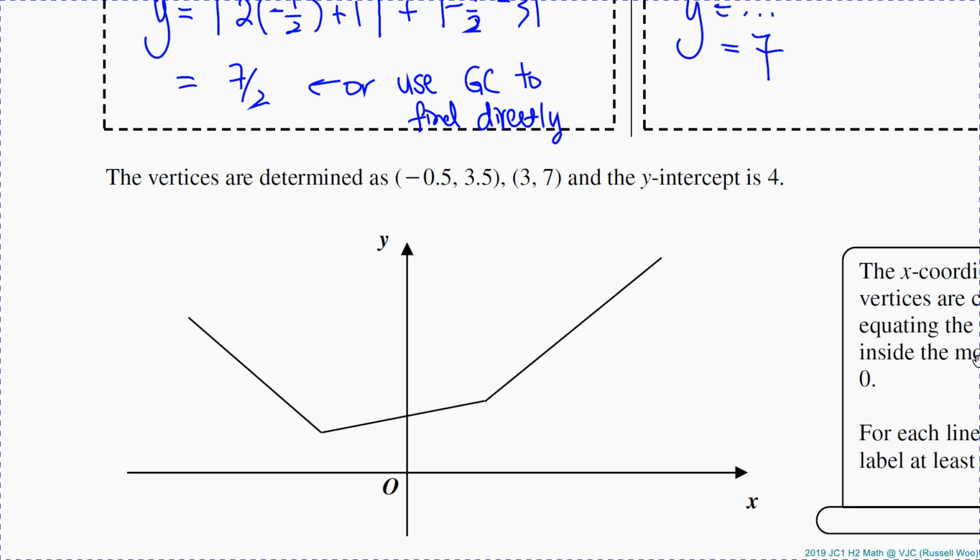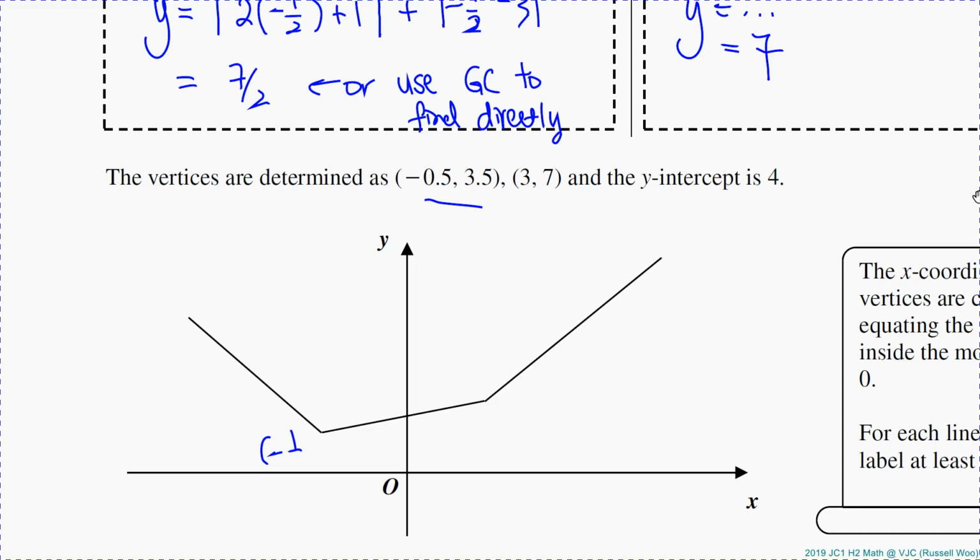If you look back at the question, it also asks us to sketch. Sorry, let me go to the question. Okay, you are supposed to sketch. So you need to include a few things. You need to include this one that we have found. This is minus half, minus 0.5, because it's written minus 0.5.